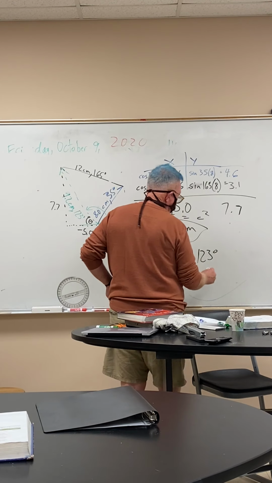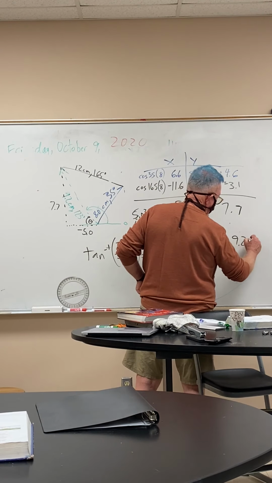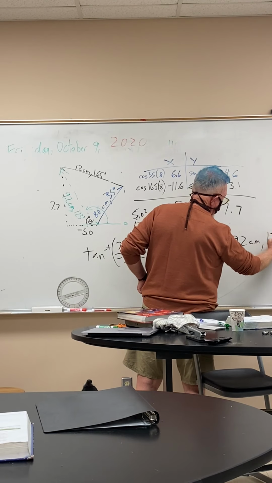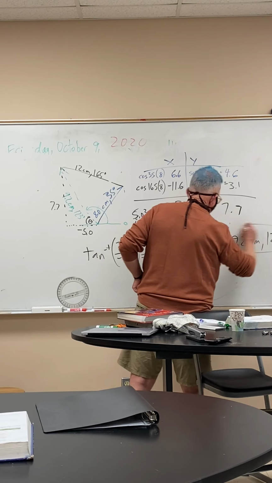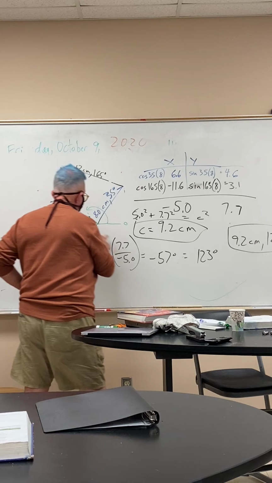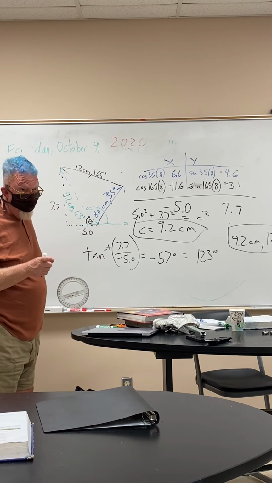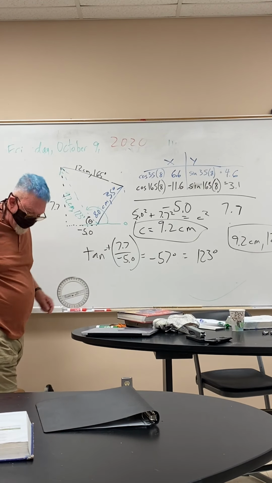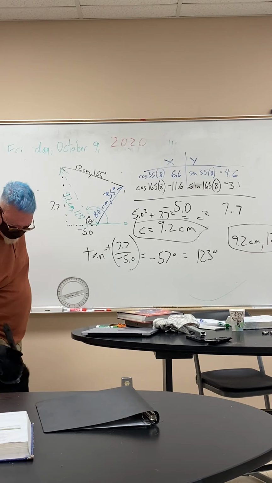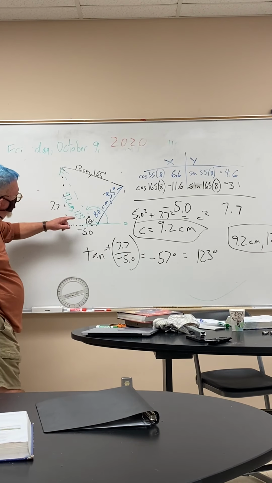Ta-da! So our resultant is 9.2 centimeters at 123 degrees, which we saw with the XY method, and we measured it. We must have been right because we got the same.